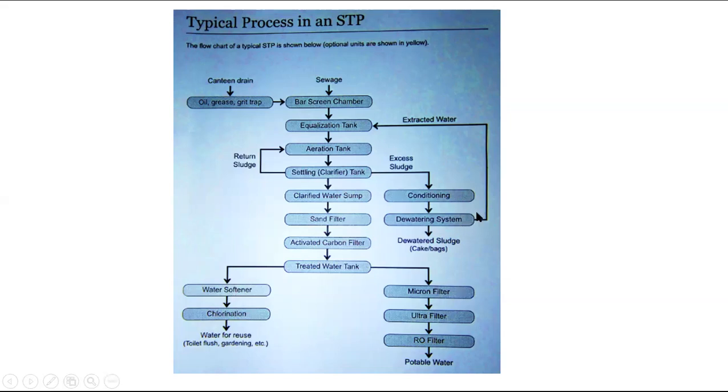Dewatering means the sludge will get squeezed. After the squeeze, water will separate and solid will separate. So from dewatering, the extracted water will go again into the equalization tank.